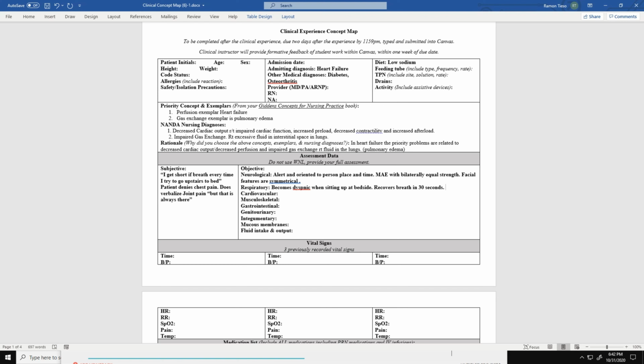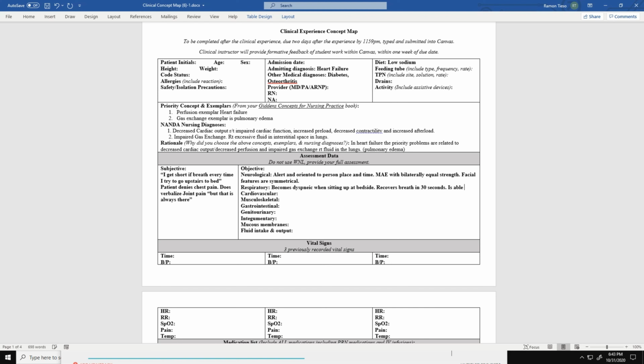So in other words, when he sits up at bedside, he becomes dyspneic, but it takes him about 30 seconds. So becomes dyspneic when sitting up at bedside, recovers breath in 30 seconds. So that says that when he sits up, he gets short of breath. So that's showing you that just not a whole lot of activity makes him get short of breath.